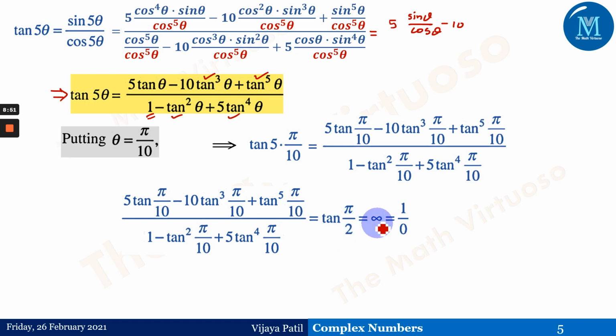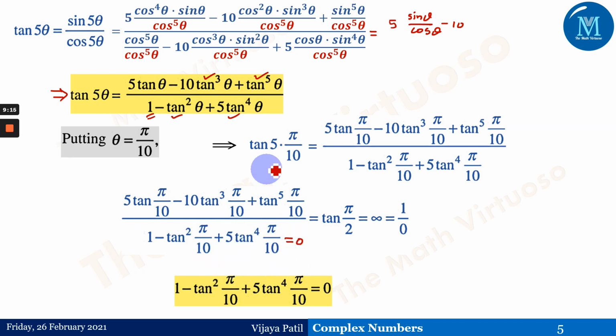But tan pi by 2 is infinity, and infinity is nothing but something upon 0, where something can be any number. If I need this particular identity to equal infinity, I should have the denominator equal to 0.